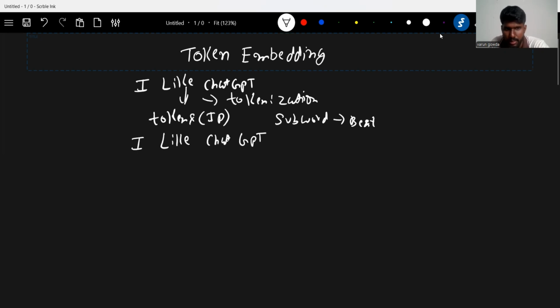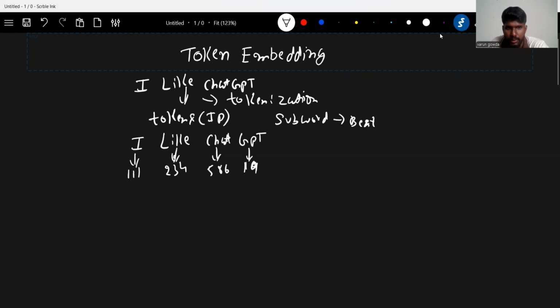Let's say these tokens have token IDs: 111 for "I", 234 for "like", 586 for "chat", and 19 for "GPT". These are example token IDs for this input sentence.